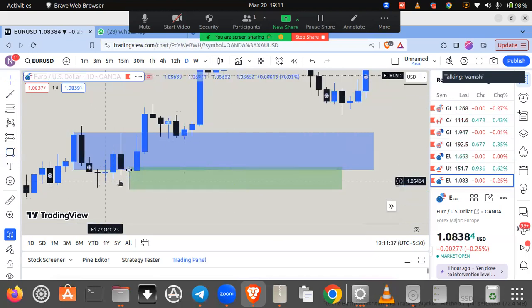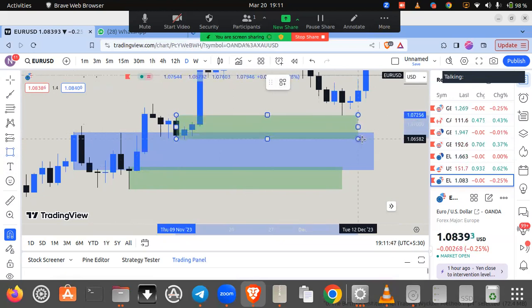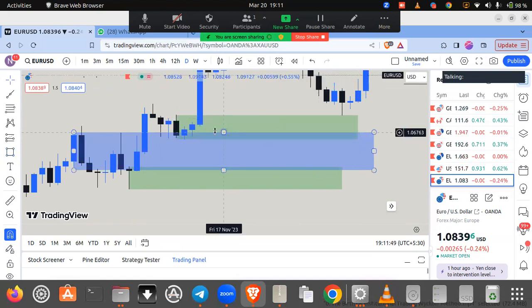This we can take as first confirmation, and it made a second engulfing buy here. This is engulfing sell 2, or you can call it C.